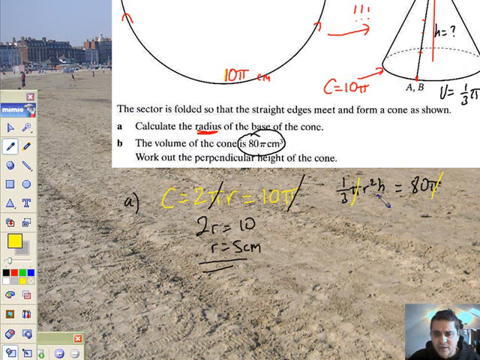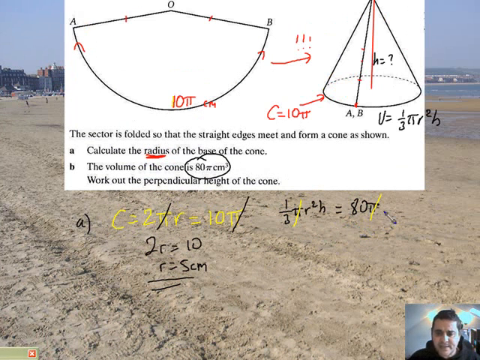I've got 1/3 of r squared h equals 80. Take the 3 over and multiply, so I've got r squared h equals 80 times 3. Let's write it in, and of course that comes to 240. Working a little bit more over here. The radius is of course 5, so I've calculated the radius of the cone here. So from there to there, I've got a radius of 5 centimeters.